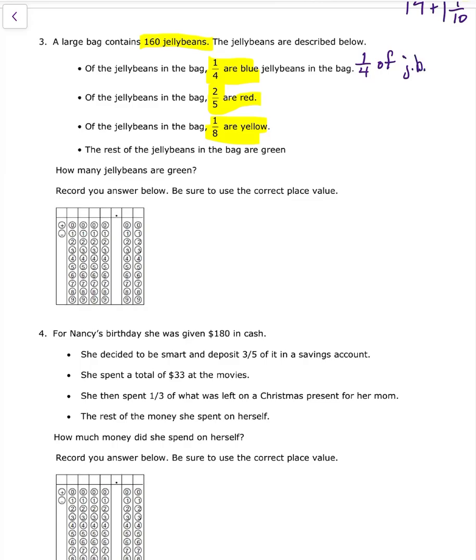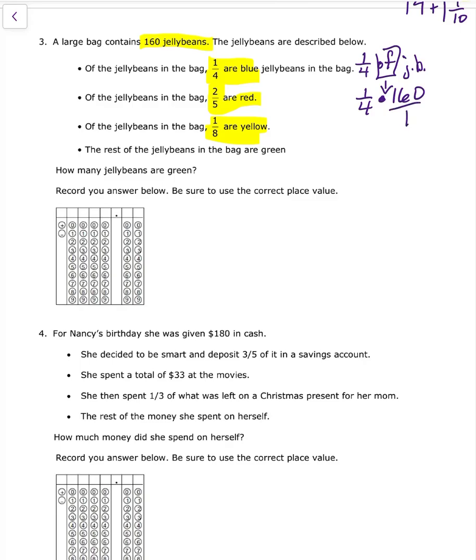Well, we have to take 1/4 of the jelly beans. Of in math means multiply, right? So we have to take 1/4 of the 160.